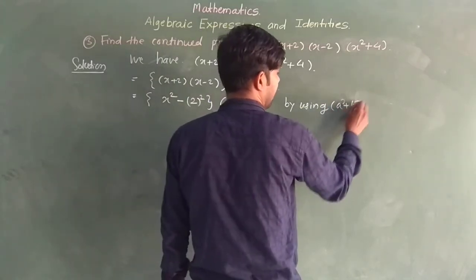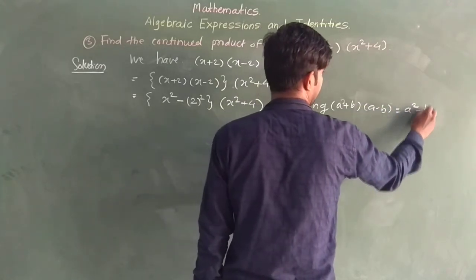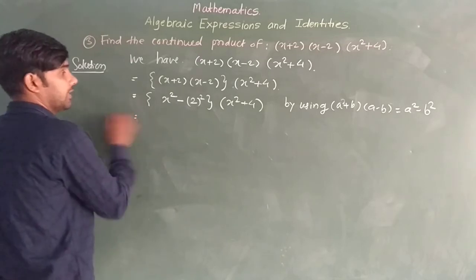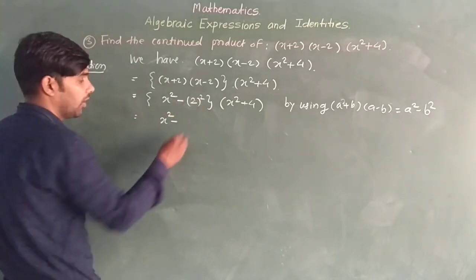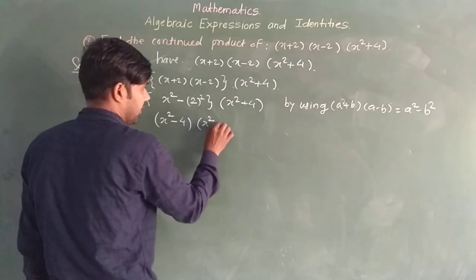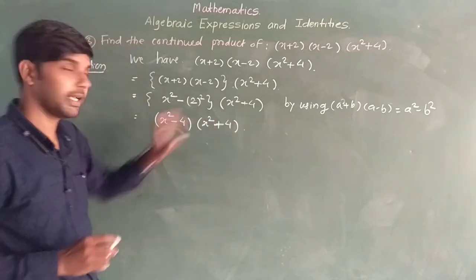So x square minus 2 square is equal to x square minus 4, another bracket x square plus 4.